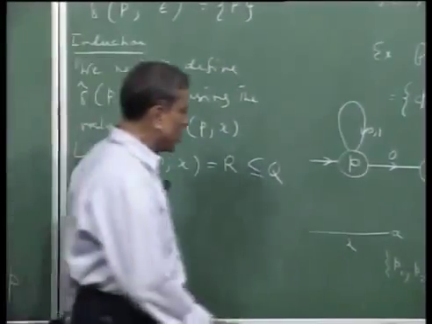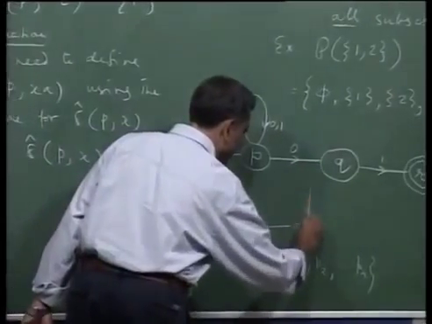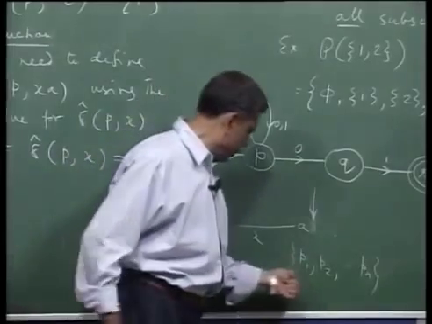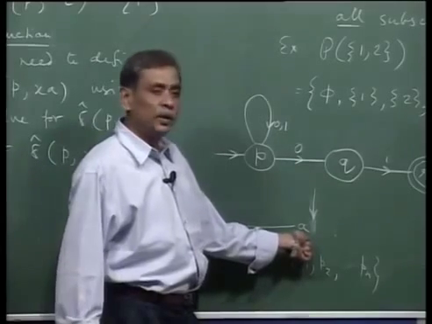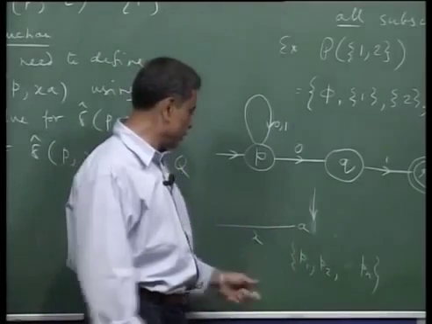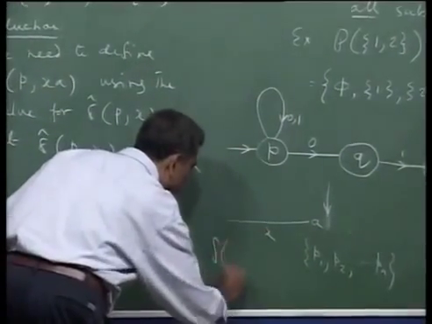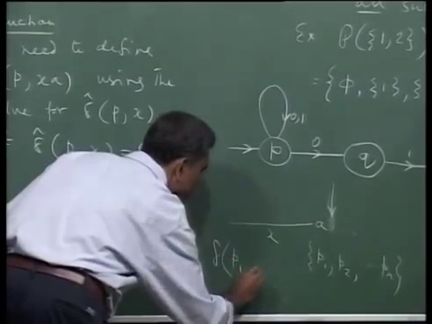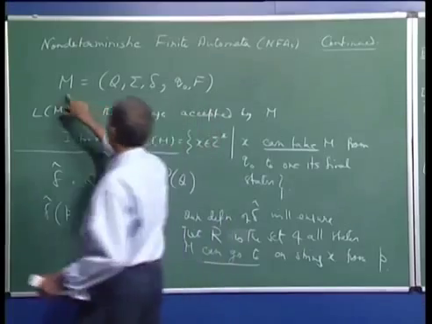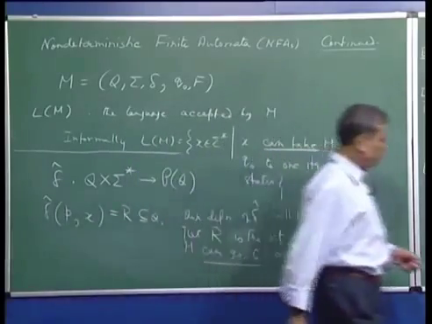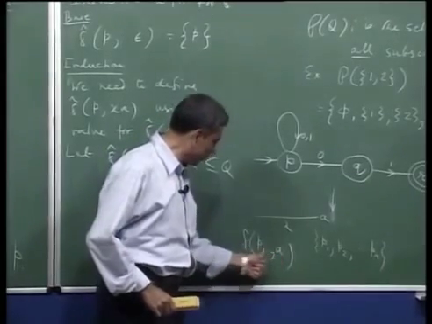Now what are the states the machine can be in after reading a at this point? On x it could have reached the state P1, and now it is reading the symbol a. So had it reached P1, then it would have gone to one of these states, delta P1 a. This is defined because we already know delta when you gave me the machine M. Delta P1 of a tells me which states the machine can be in on reading a from the state P1.